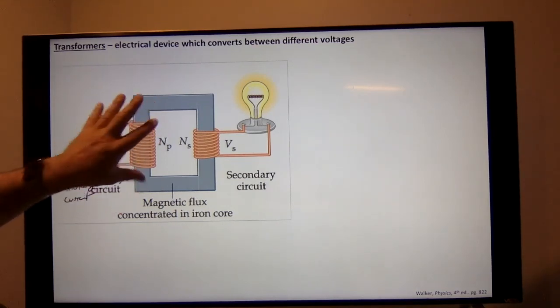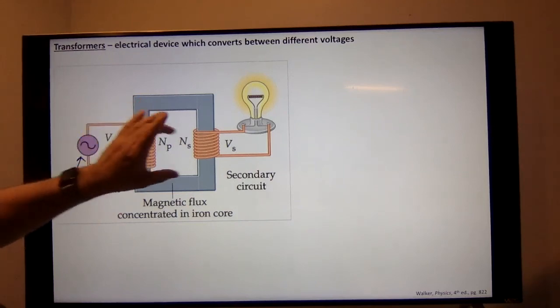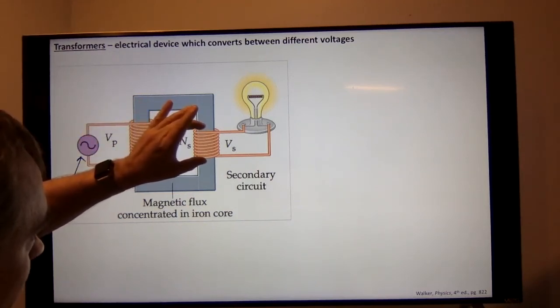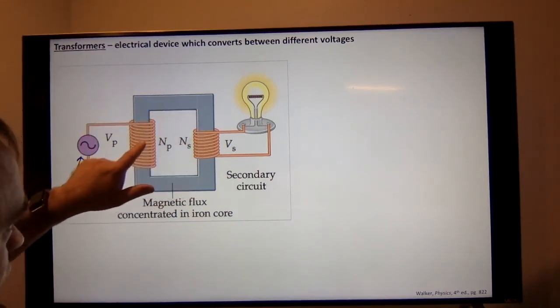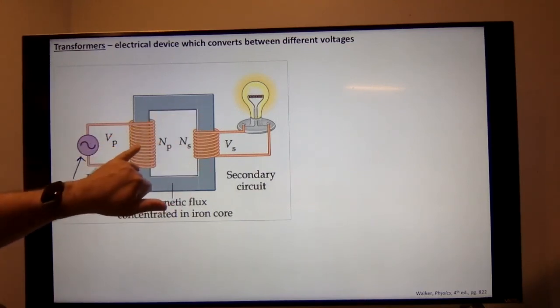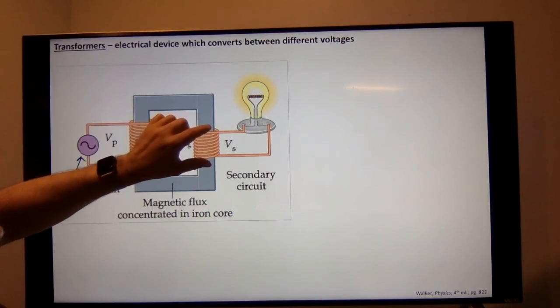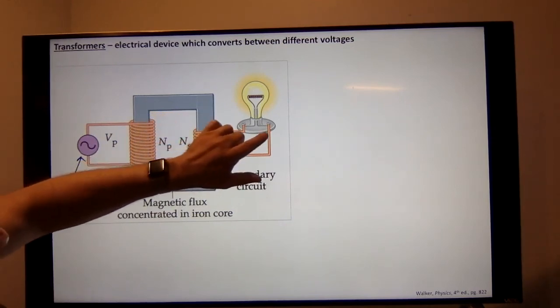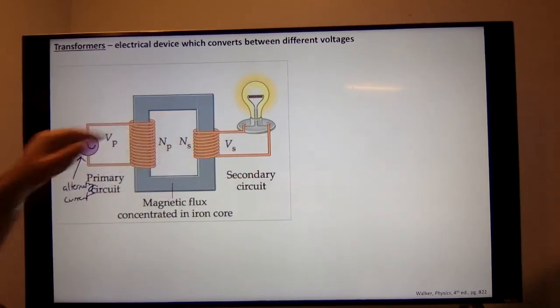If I put that near another coil of wire that has a different number of loops, then the amount of magnetic field passing through this coil coming from this one is always changing. If the flux is changing, it produces a current.